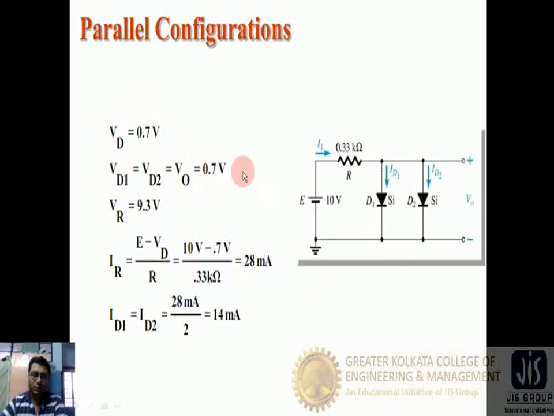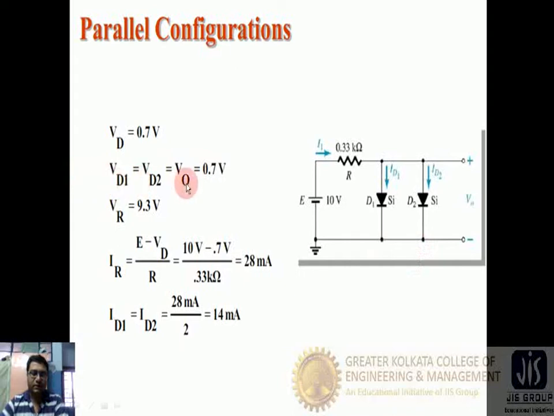As the diodes are in forward bias, for a practical diode we get 0.7 volt at the output, which is the voltage drop across the forward biased diode.